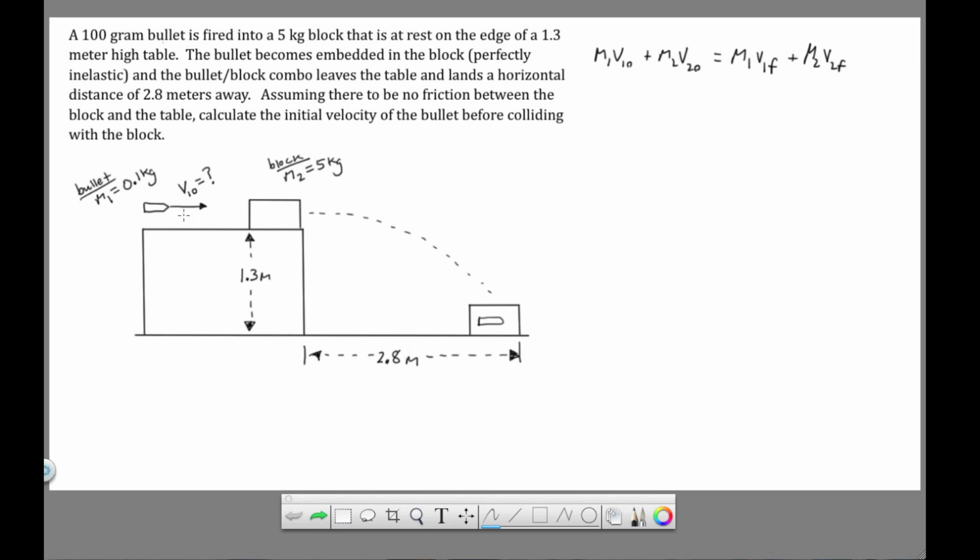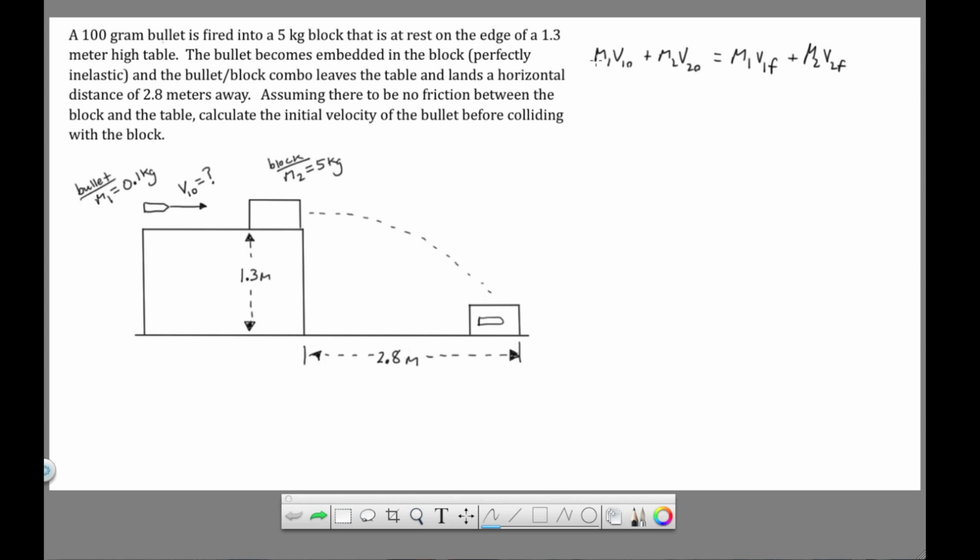So the thing to recognize here is that we have a collision. And whenever you see a collision, you know that conservation of momentum will apply. The bullet collides with the block, so the concept that's going to apply here is conservation of momentum.